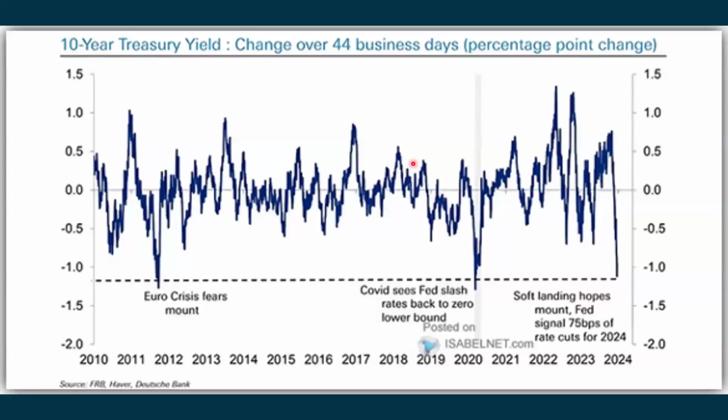This is a chart that I've been showing for months. The takeaway from this is when we get really low readings like this, and this was a number of months ago when this happened, this was something negative. We had the Euro crisis back in 2011. Then we had the COVID crash. Of course, that was negative for stocks and bonds.